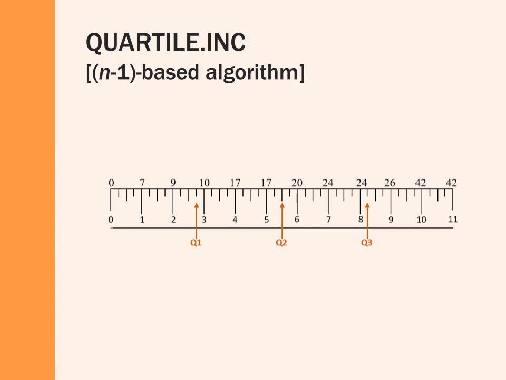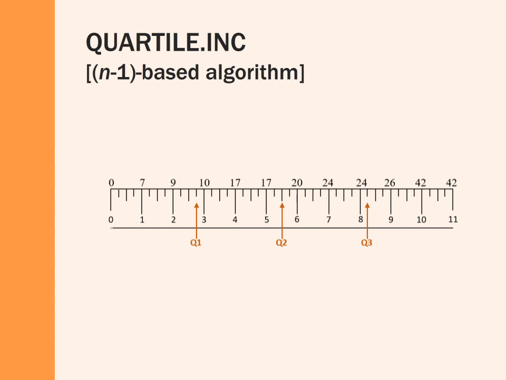So the next task is to identify what values are associated with these places along our ruler. We see that there is no value associated in our data with the second quartile because it falls between 2 values that do occur, 17 and 20. So we need to interpolate between 17 and 20 to find the value of this median, or the second quartile.